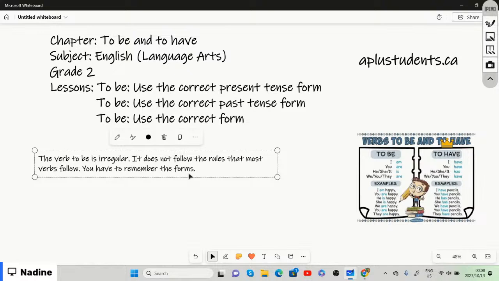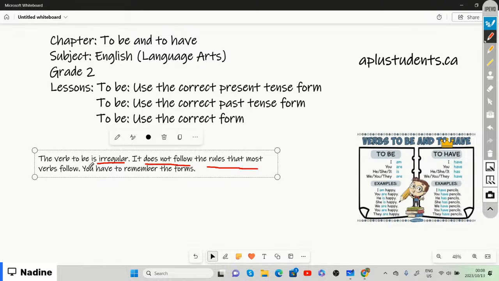So in this case, the verb to be is irregular. And usually, when the verb is irregular, it does not follow the rules that most verbs follow. And remember, I made an example where I said that with regular verbs, we either add a D or an ED to the specific word.